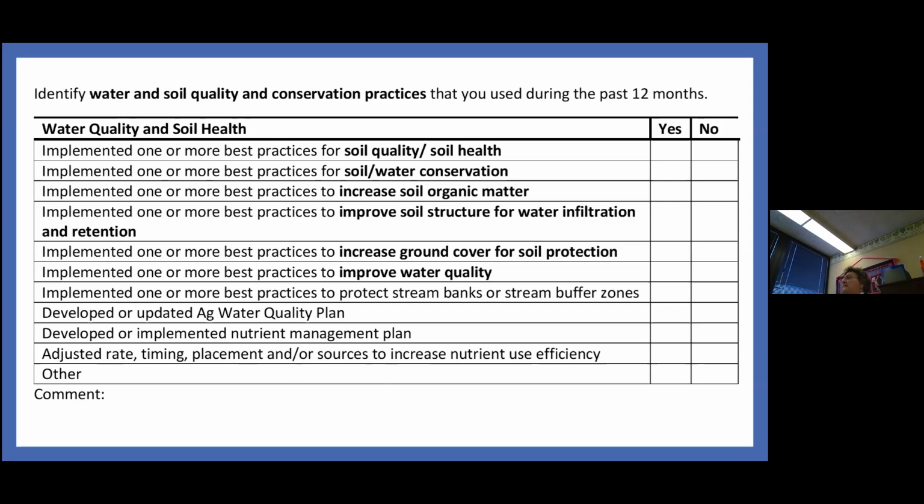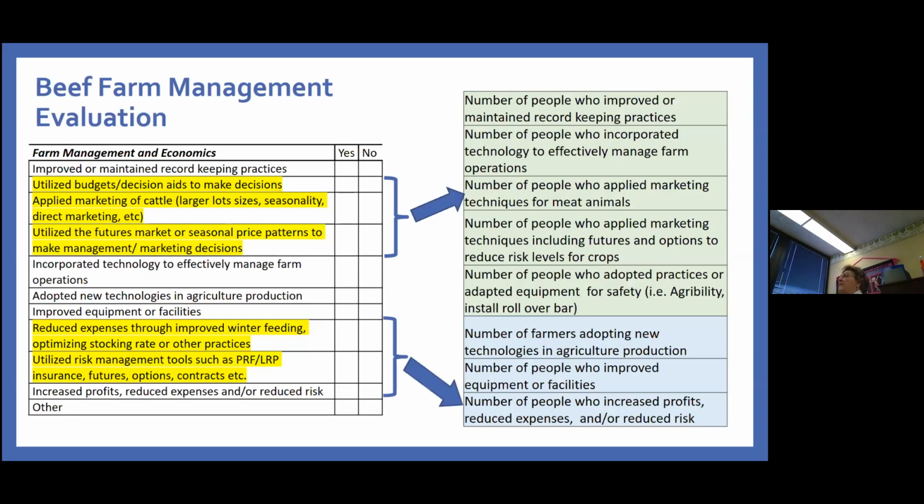So let me give you an example of that. On the beef farm management evaluation, Kenny Burdine wanted to add these 5 outcomes to the evaluation. So they all relate to marketing. So if anyone said yes to any of the three top ones that are in yellow, I would report that into marketing.